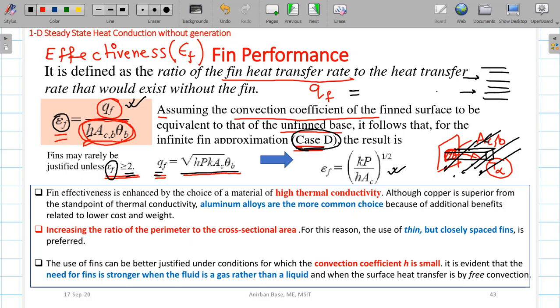So fluid passages are becoming smaller and smaller, and sometimes because of the fins there is hardly any place through which the fluid can easily move. So when the fluid cannot move well because of the presence of fins, what happens is this h is basically lower.